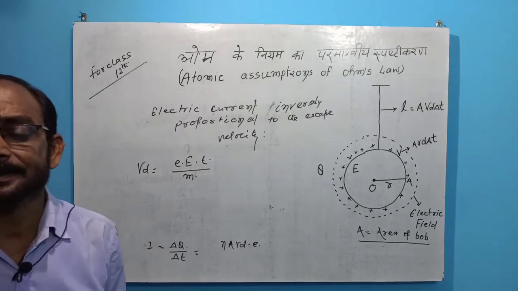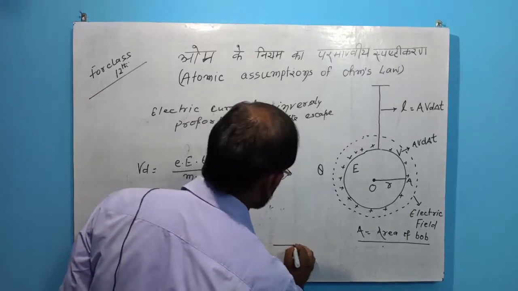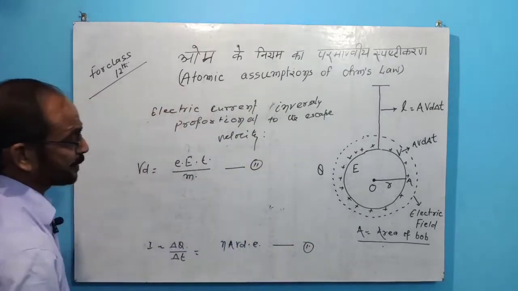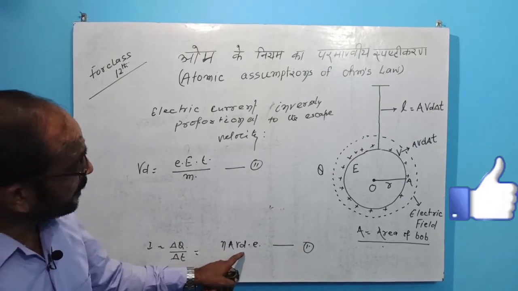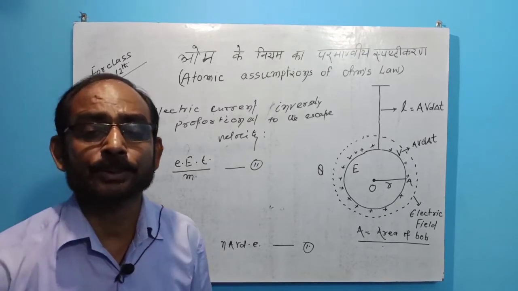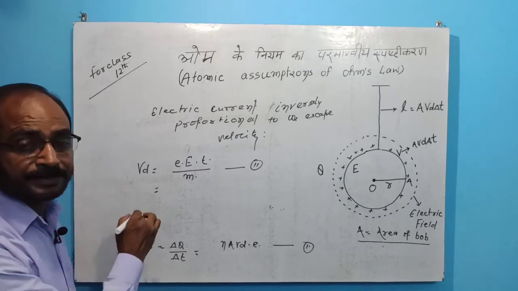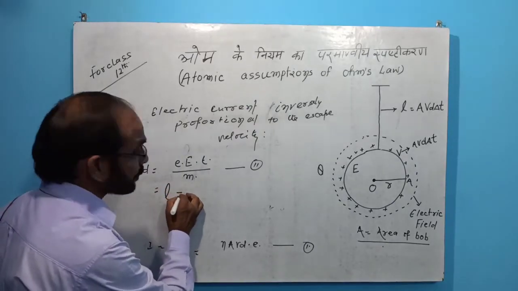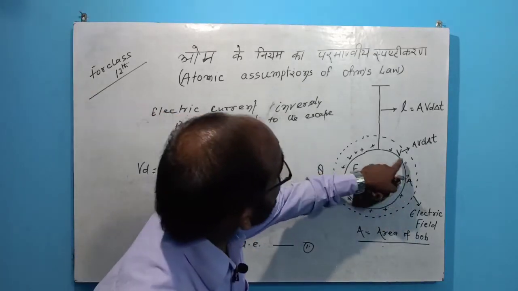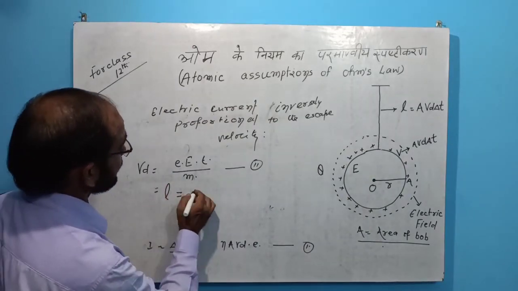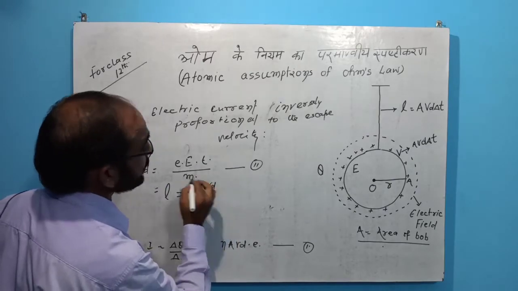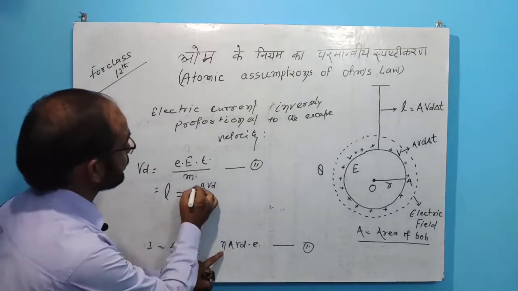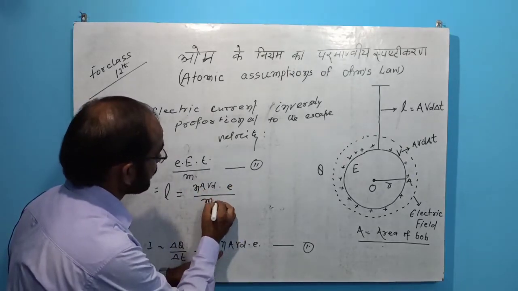If we replace it in front of this value of equation first and equation second, then equation second may be written as the ratio of this number of electrons with respect to their mass, that can be written L equal to escape velocity, this circular path, that can be written as L equal to A Vd into n E upon mass.